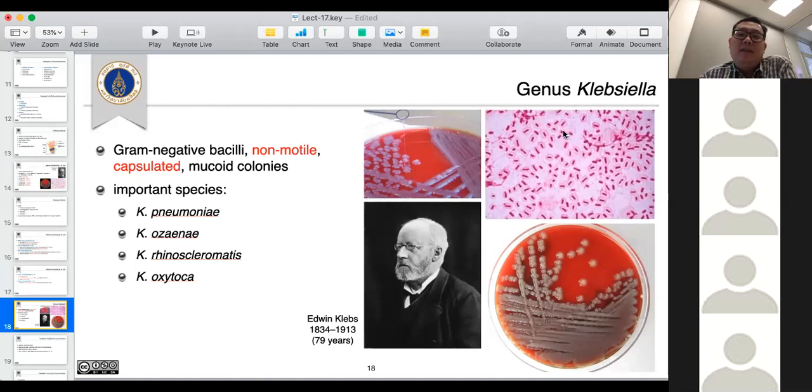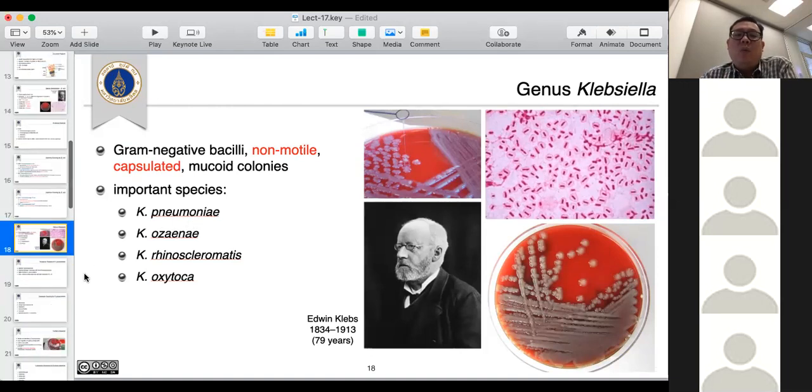And on Gram stain, you probably observe a capsule around Klebsiella. That's the pattern. The colony is bigger than E. coli and more mucoid.